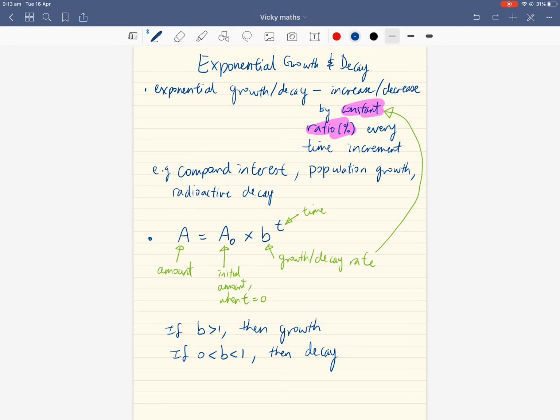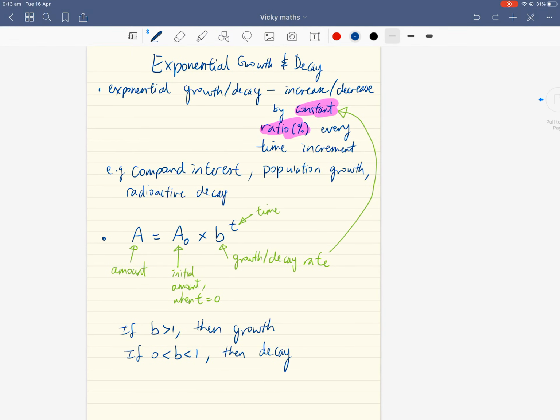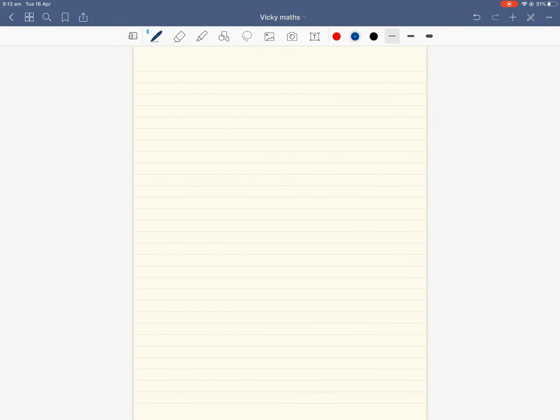So let's look at a few examples to see how this formula works out. Example 1: determine a rule for the following scenarios.